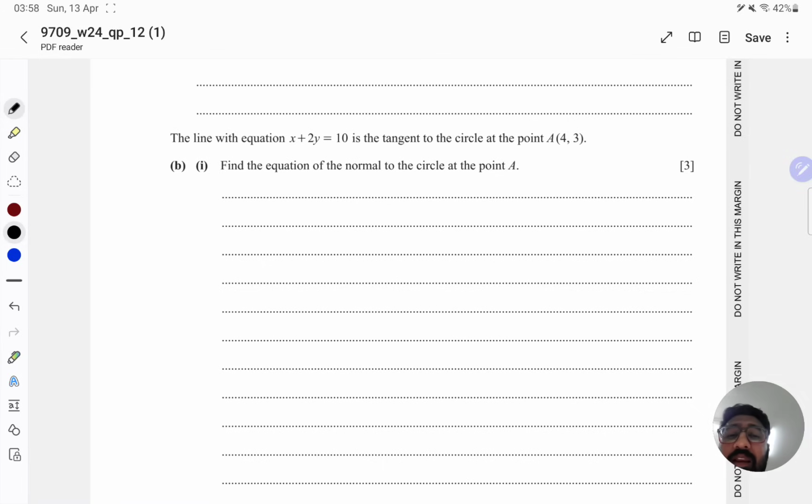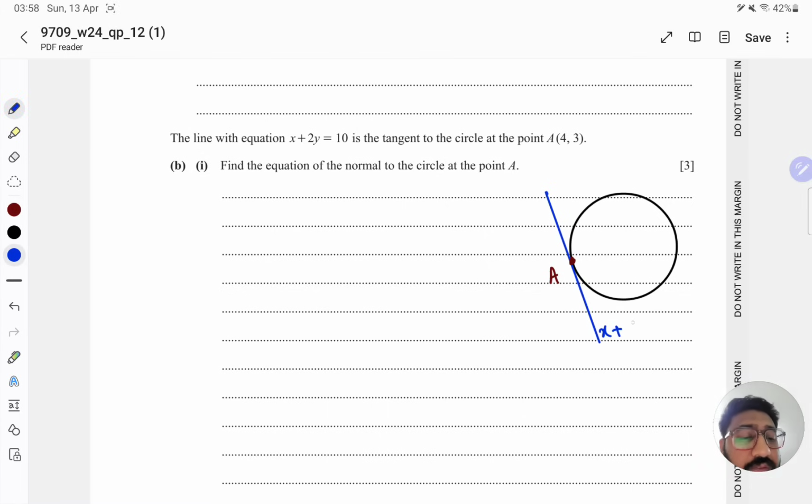So normal to the circle at point A. So what is the scenario? Let me visualize it first. This is the circle, and there is this tangent. So this is the tangent, and this is the point A that he has marked, and the equation of this tangent line is given to you as x plus 2y equals 10, and he is asking you to find out the equation of the normal line from here.